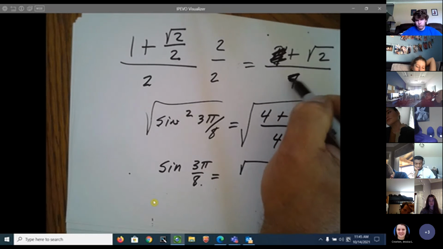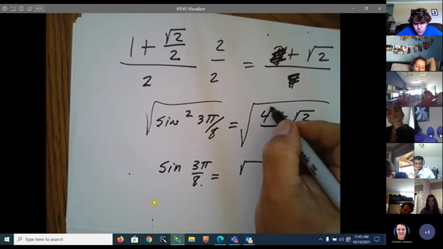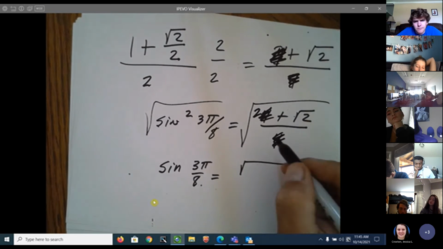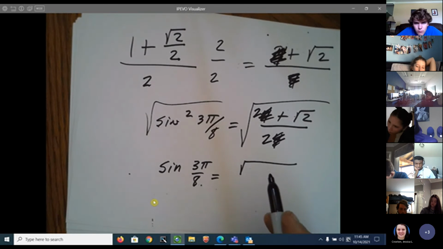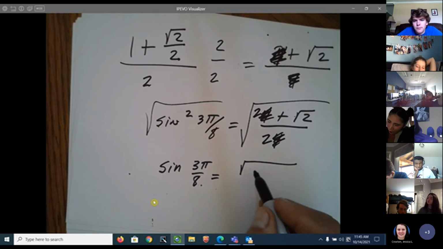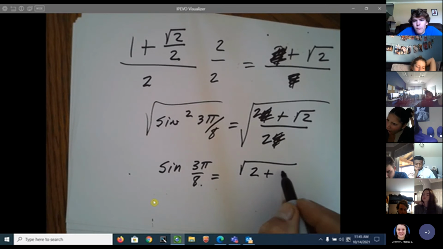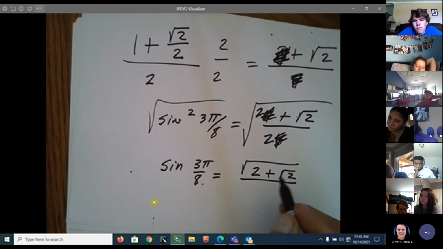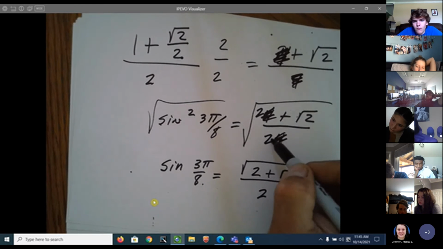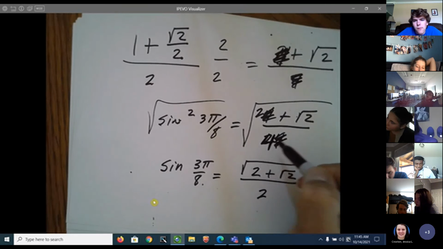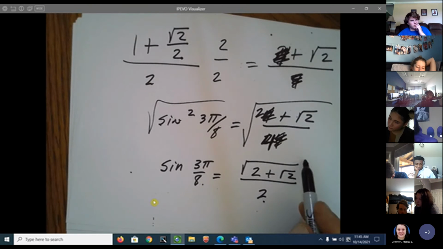I'm sorry. 2 over 2. And it should come out to be the square root of 2 plus the square root of 2 over 2. That should be your answer, because you take the square root of 4 here, and that comes out to be 2.